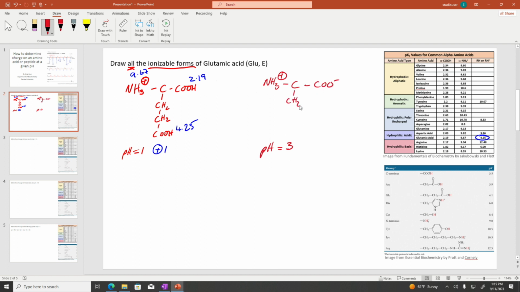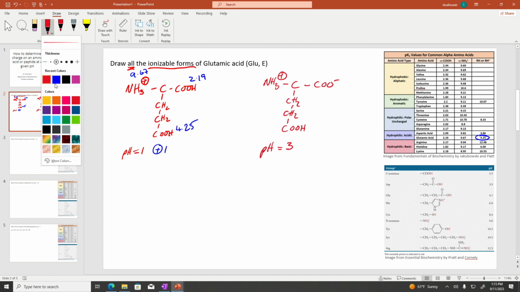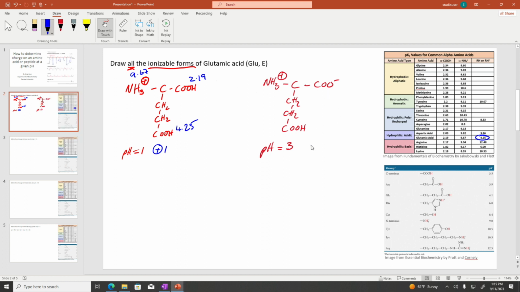And then your R group, carboxylate group, will still be protonated because the pKa, if we review that over here, is still above the pH that we have. Okay, so the next form we have, and let's write in our charge here. So if we just balance our charges here, that's going to be a net charge of 0. Okay.